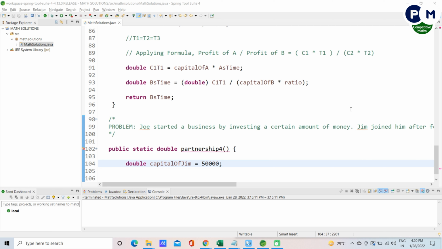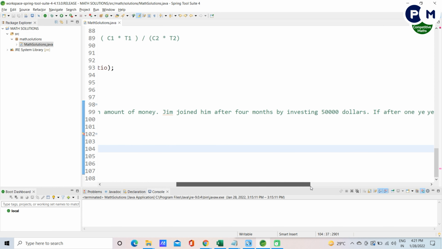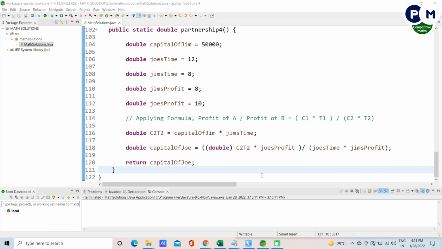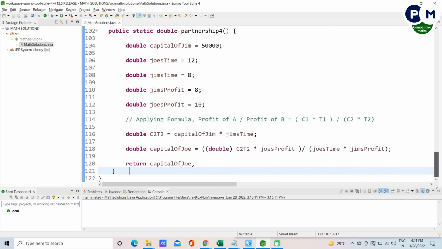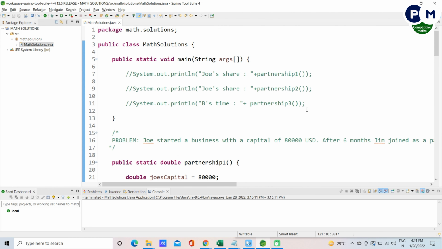Here is the problem statement. I am going to define a new method for determining Joe's capital for earlier solved problem 1. Define Jim's capital, Joe's time, Jim's time, and their profits as member variables and initialize them. Now, by applying formula, profit of A by profit of B equals C1 multiplied by T1 by C2 multiplied by T2.